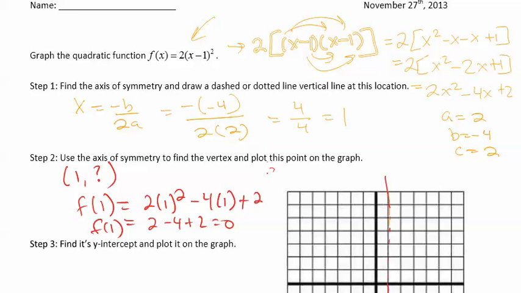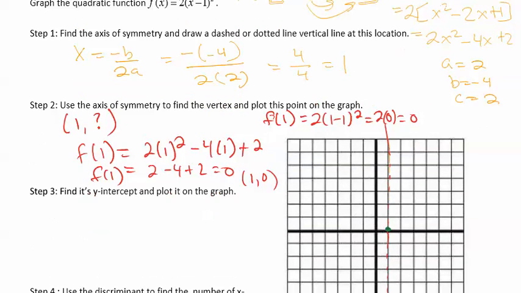It'll still work by plugging in, but of course you won't be able to get the coefficients, which you need to find other things. But if you did, f of 1 equals 2 times 1 minus 1 squared, which is 2 times 0, which is 0. So it looks like our vertex is the point 1 comma 0. Let me graph that, 1 comma 0.